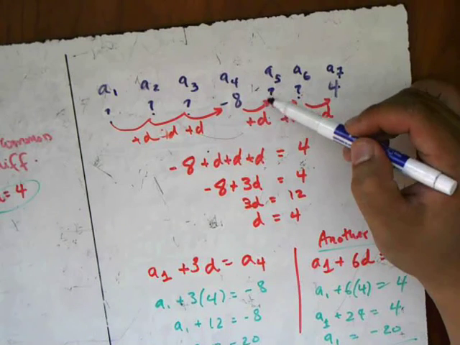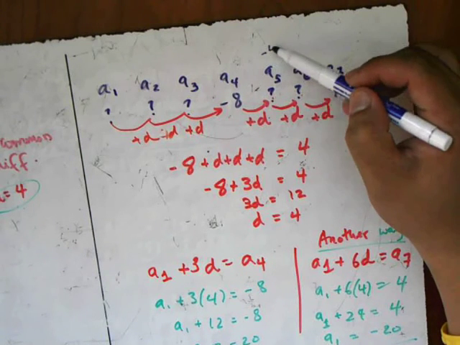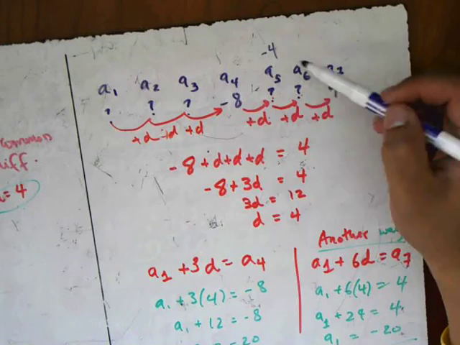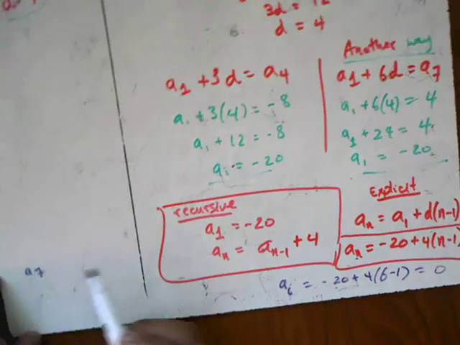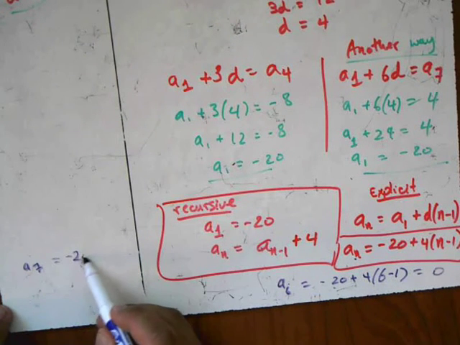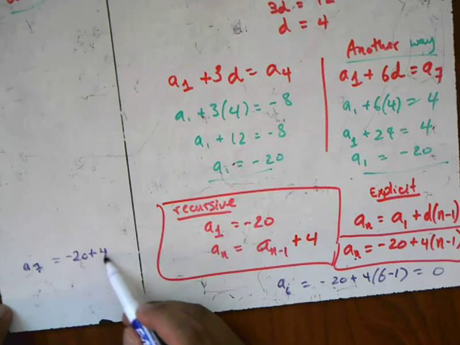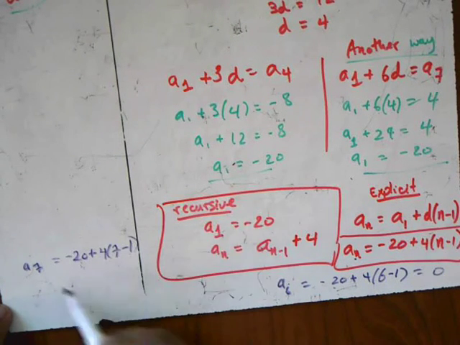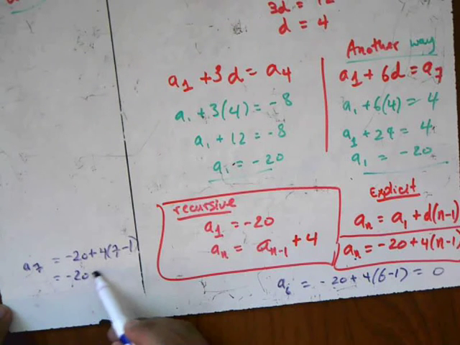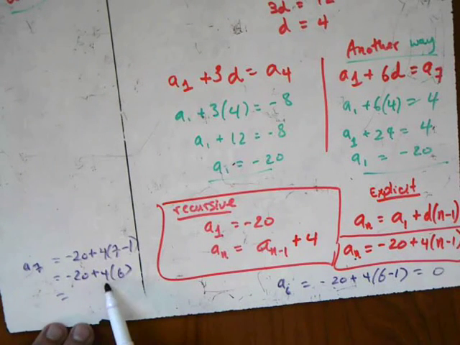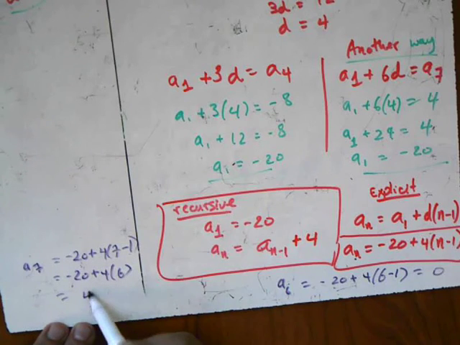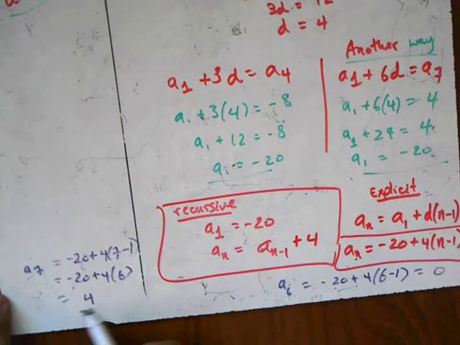Negative 8 plus 4 is negative 4, and then negative 4 plus 4 again is 0. You can check a few other things. Maybe we can check a7. Well, this is negative 20 plus the common difference times 7 minus 1. So this is negative 20 plus 4 times 6, negative 20 plus 24, which is 4, which is what we were given in the problem to begin with.